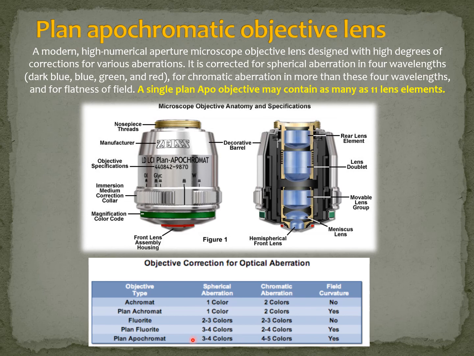And of course, the lenses that are the most expensive and do the most corrections are the plan apochromatic that you see in here. They're capable of correcting 3-4 colors, both spherical aberration and also chromatic aberrations. Lenses are incredibly complex, but you will have another seminar, another class that will cover this topic.